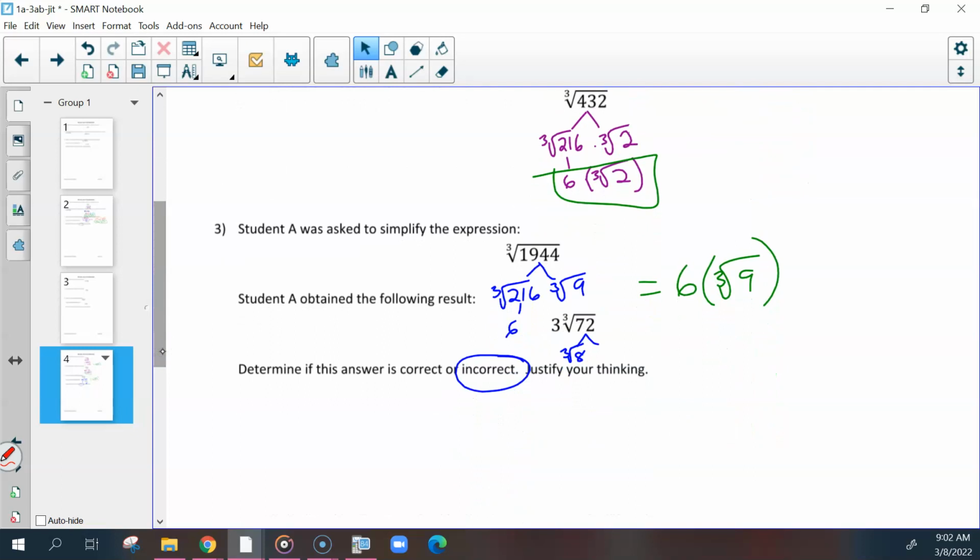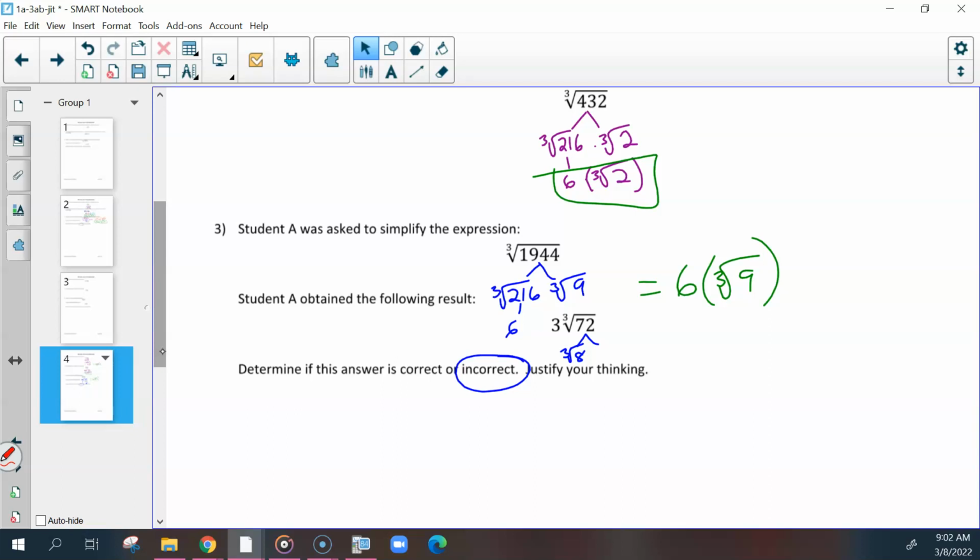Then for the last one, if you just started to simplify this, the highest perfect cube that goes into 1944 is 216 and 9. 9 is not a perfect cube, it is a perfect square, but we can't break it down more. So this would be 6 times the cube root of 9.